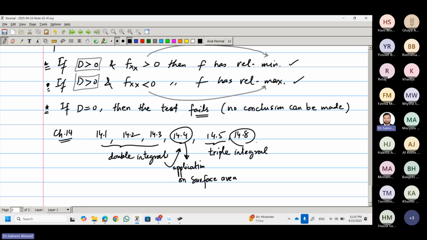And in 14.8, it is the application of triple integral, which gives you the mass and center of gravity type things, right? But no, it is just that. So I will ask you mostly from these three sections.